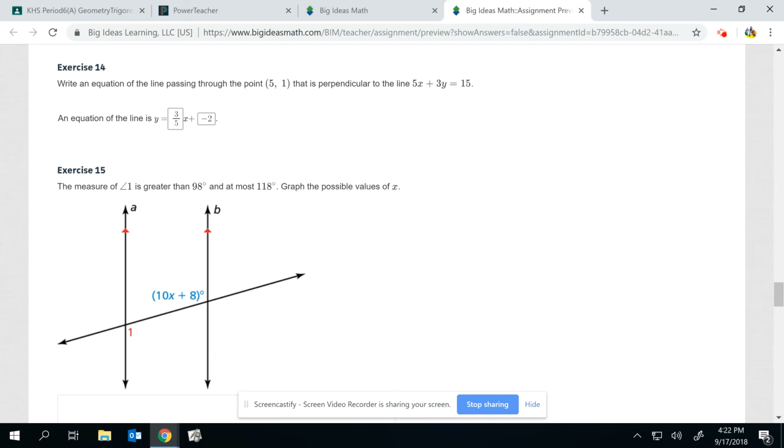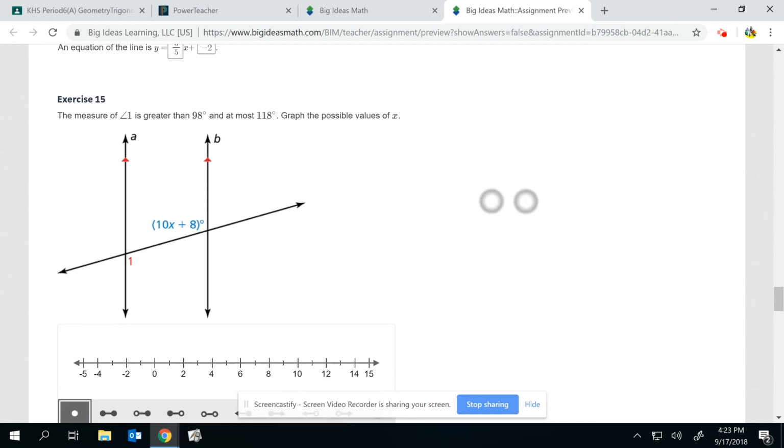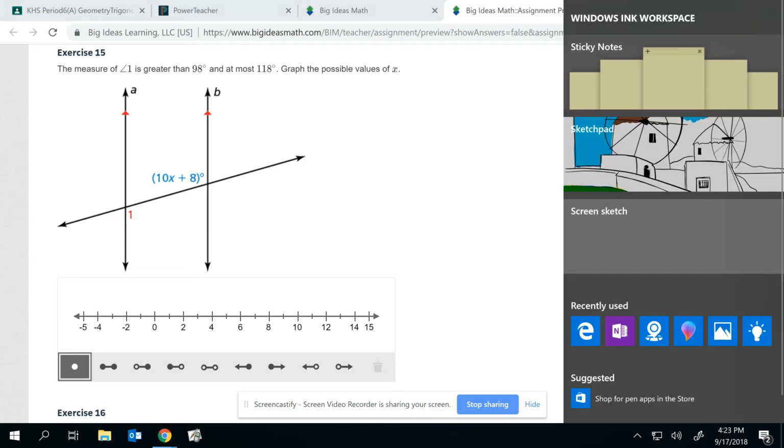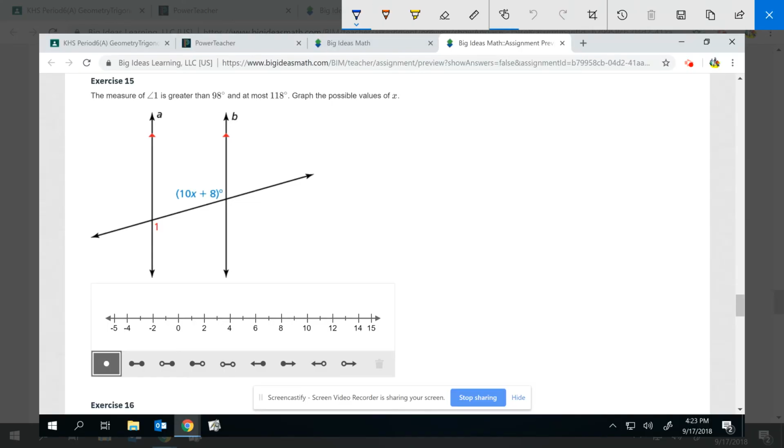15. The measure of angle 1 is greater than 98. Okay, and at most 118. Graph the possible values. Okay, so it looks to me like we need to set up an equation where we have 10x plus 8 cannot be more than 118, so it has to be less than 118.